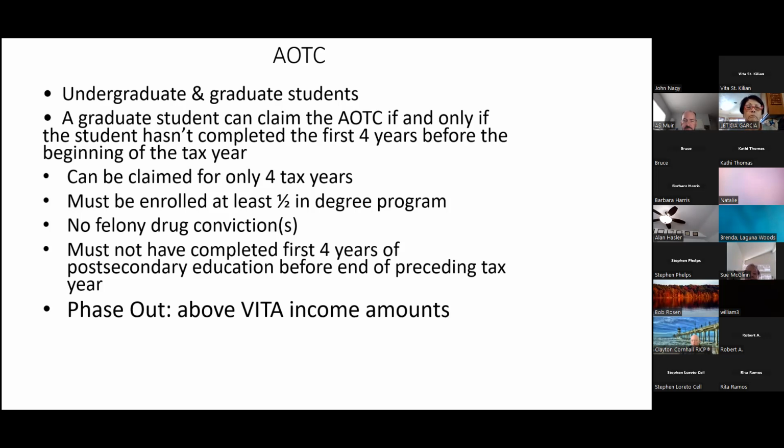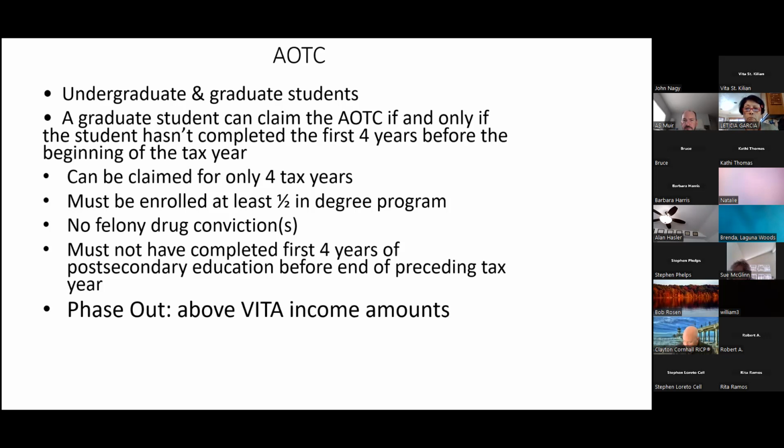And if the person is maybe in their late 30s, early 40s, and they're in college, maybe they took the HOPE scholarship credit many years ago, and that's one of those years. They can only do it for 4 tax years. They have to be enrolled half time.